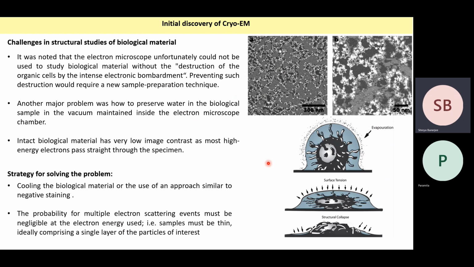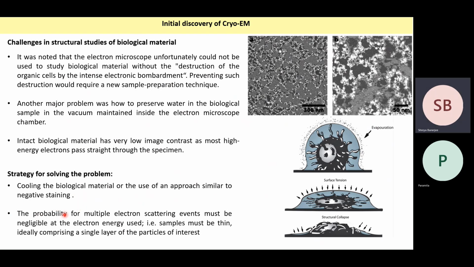Since only around 5% of the electrons are hitting the cell or biological material, a very faint image is formed. What is needed is a much clearer image. So the strategy for solving this problem was cooling the biological material or the use of an approach similar to negative staining. We will learn about both these in subsequent slides.